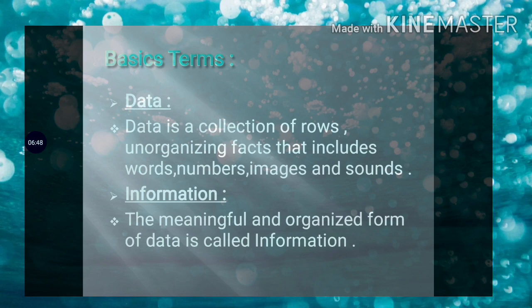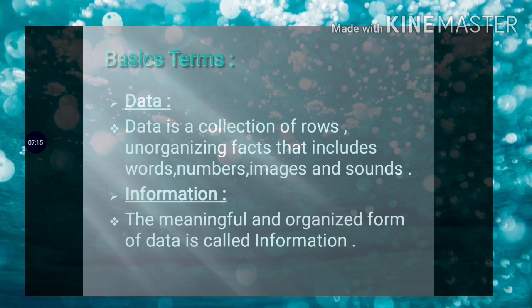In the previous example, we gave 5, 4, 2 and plus. That is raw data. Then information: the meaningful and organized form of data is called information, right? After the process, we get that output. Information is organized data.